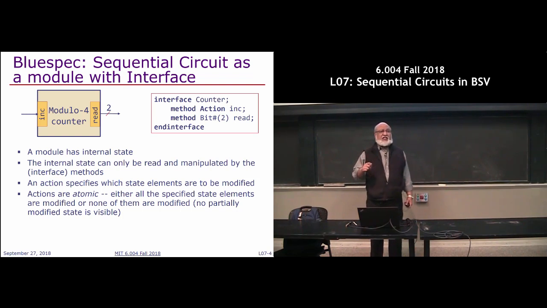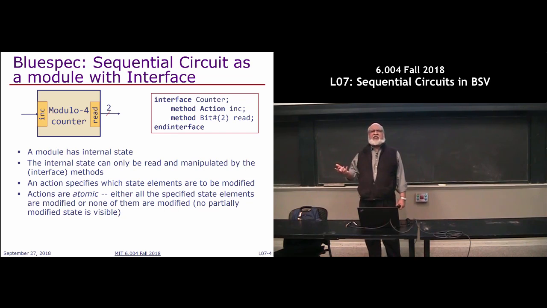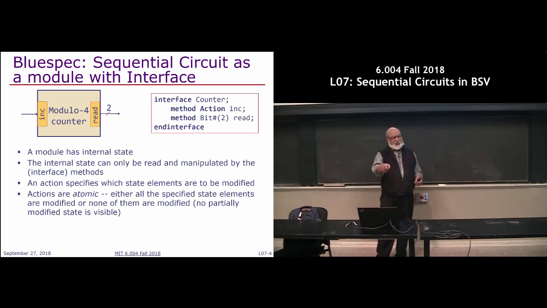So whenever I do increment, atomically, the state of the system changes, and any in-between states are not visible. There is no program you can write using this kind of module which will let you see what's happening inside. These are the only 2 observations that can be made about the system.